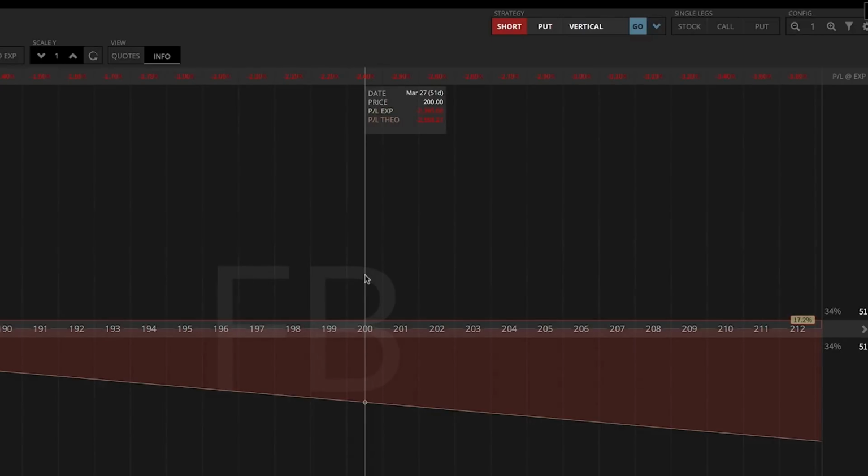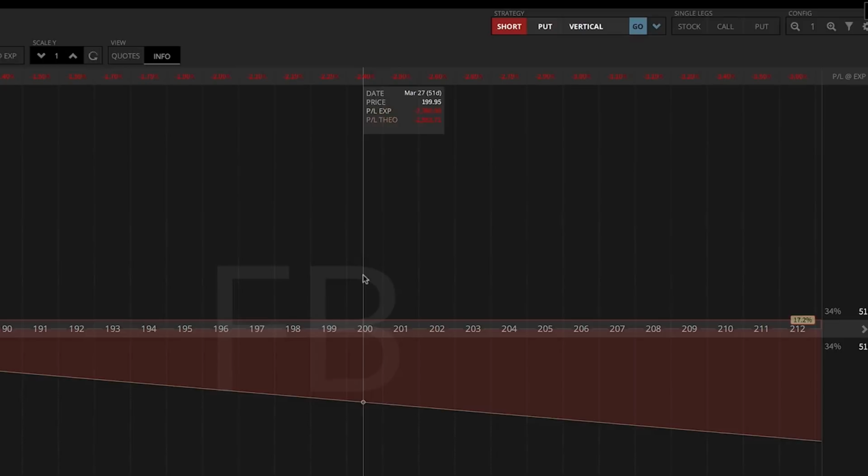That's because at expiration, if Facebook were to be at $200, this 170 call option would be worth $30, which is $3,000 in premium. But since I collected $605 when I sold it, my P&L would be a loss of $2,395, which is that $3,000 value at expiration less the premium that I received, which is $605.